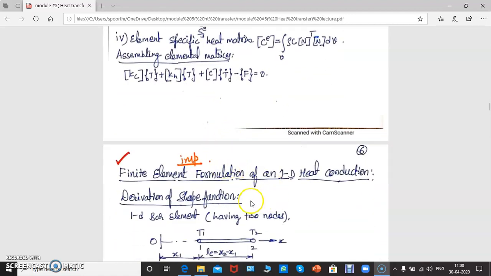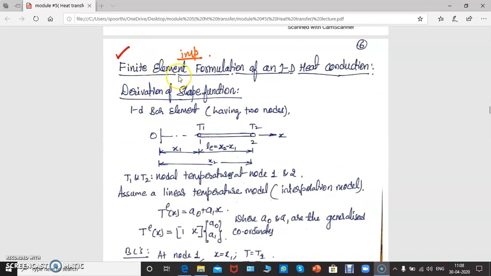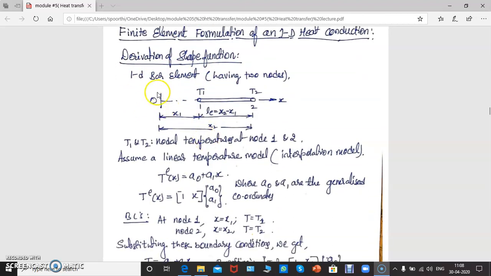Now, let us take a very important derivation, the finite element formulation of 1D heat conduction. I will take the derivation of the shape function. Now, a 1D bar element having 2 nodes, you can see here nodes 1 and 2, with T1 and T2 the temperatures at 1 and 2, and x1 and x2, like what we did in module 2.